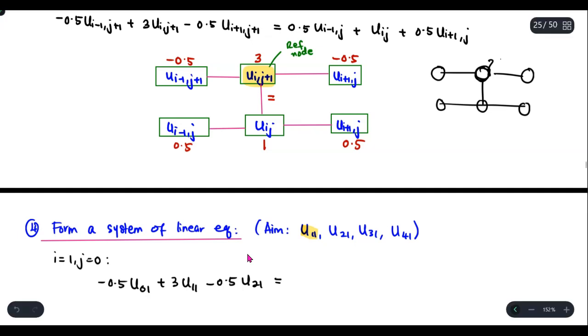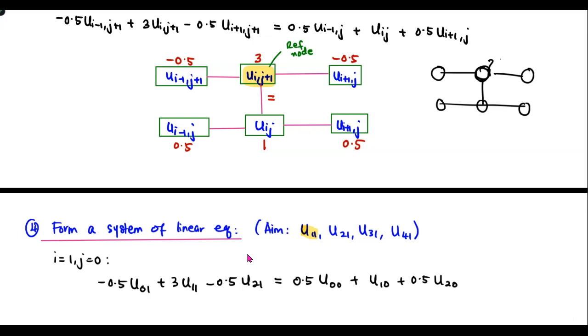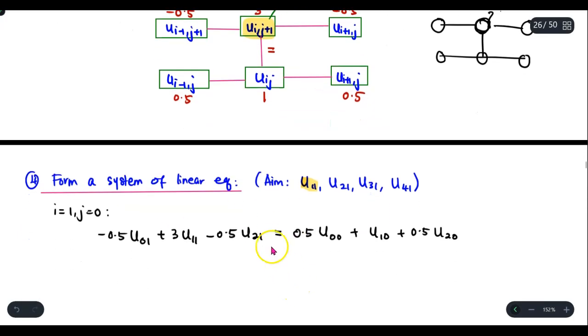So that one is equal to, at the bottom here you have 0.5 u, now it becomes u00, plus 1 u10, and then plus 0.5 u20. Now once you come up with this expression, check what are the nodes for which you have the value.